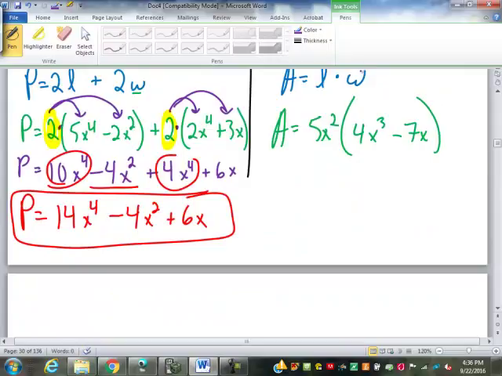Now what do? In the parentheses, can I combine anything? No, we're subtracting and they have different powers on the variables. Can't combine them.